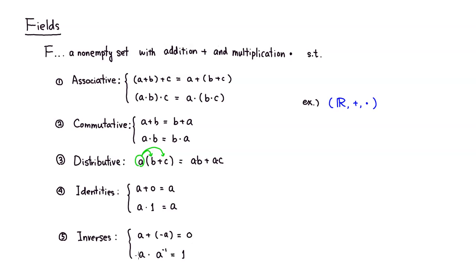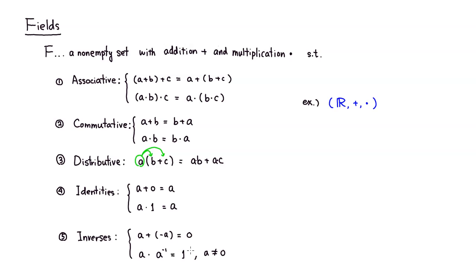And for any non-zero element A, you can always find its inverse, so that when you multiply them together, you get the multiplicative identity 1.